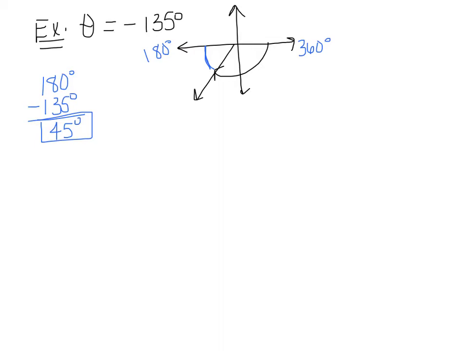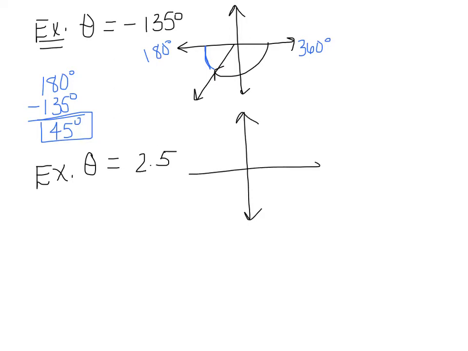And then let's do another one. Let's say it was just 2.5. Okay, so we know that pi is 3.14. We know that pi over 2 is approximately 1.57.